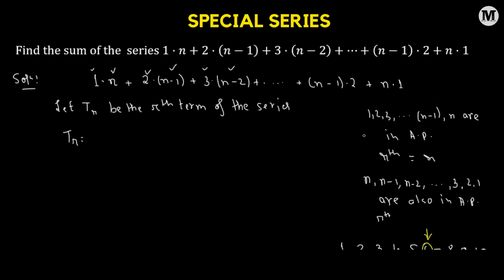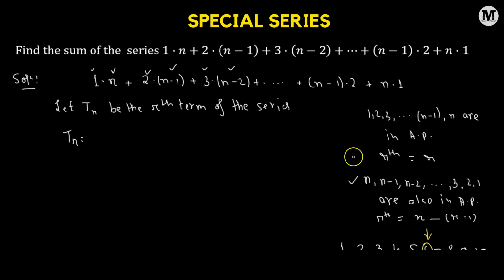So in our case, we need to find out the rth term of the second sequence. Here there are a total of n number of terms, where each term is the product of the two corresponding terms. From here we are going to subtract r minus 1. So that is going to give us the rth term of n, n minus 1, n minus 2, all the way up to 1.